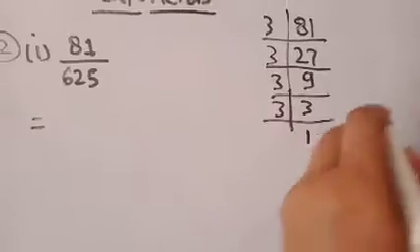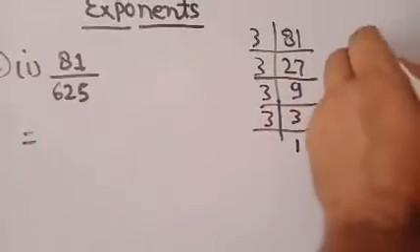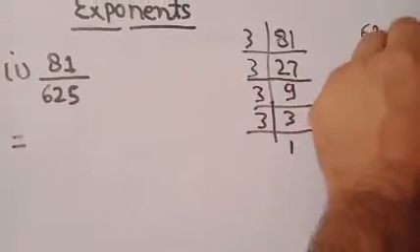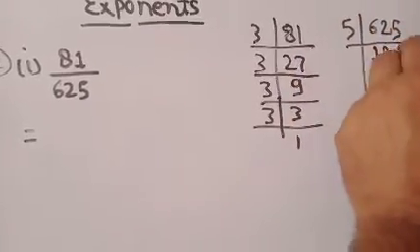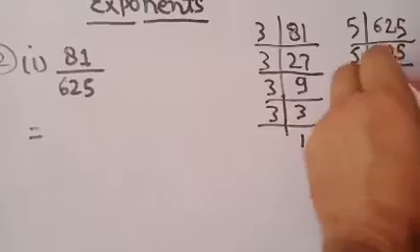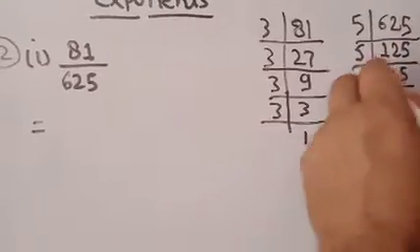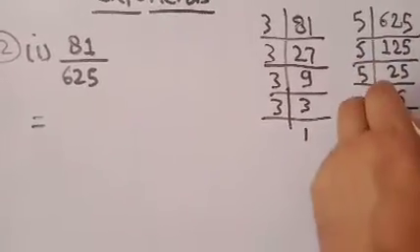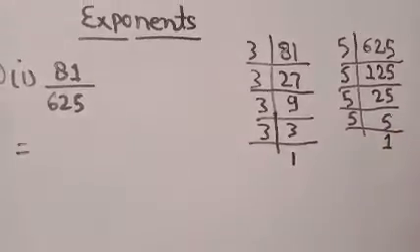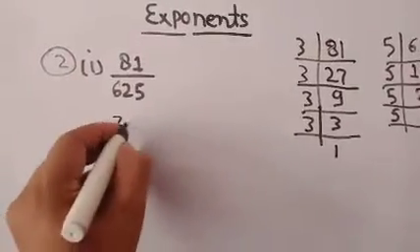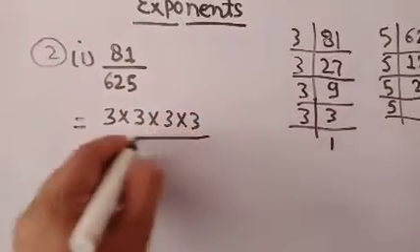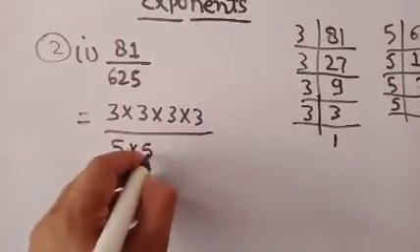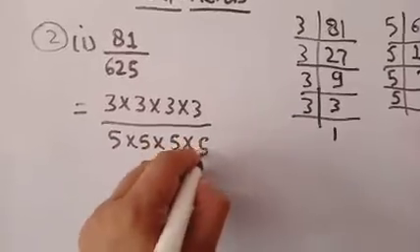And for 625, sorry, 125: 5 125, 5 25, 5 5, 5 1. Write all the prime factors in multiplication form: 3 into 3 into 3 into 3 over 5 into 5 into 5 into 5.